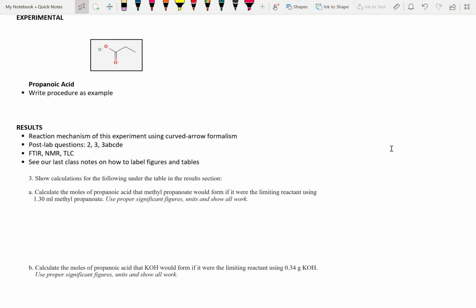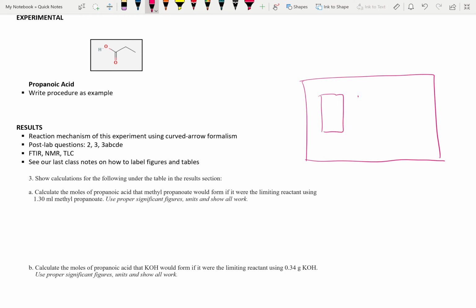When you're putting your TLC plates, you obviously are going to have multiple TLC plates in your experiment. So the best way to express these is to make a bigger image. So use your Paint app and copy and paste your 3 TLC plates right next to one another, right?